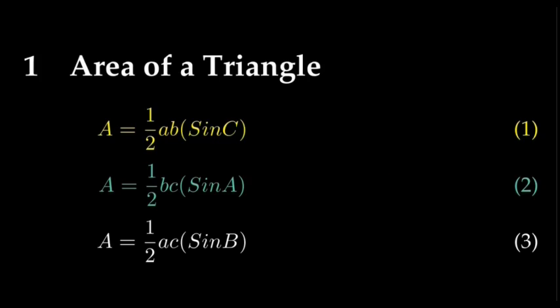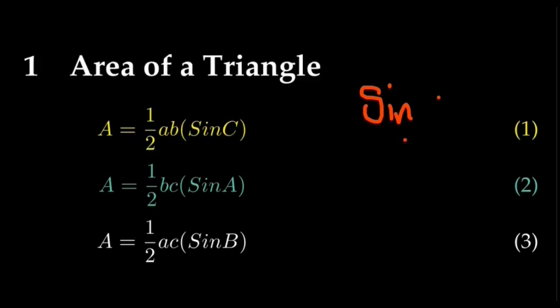Remember I said that you need an angle and two sides, so we are going to use the sine function, which we have already discussed. We're not going to involve the tan function or the cosine function, only the sine function.